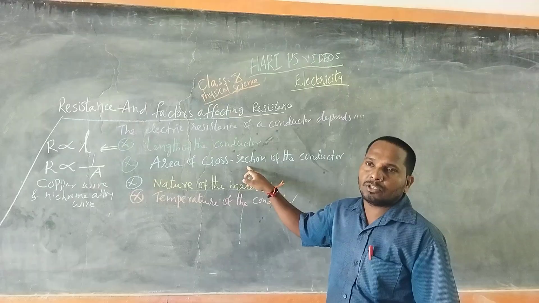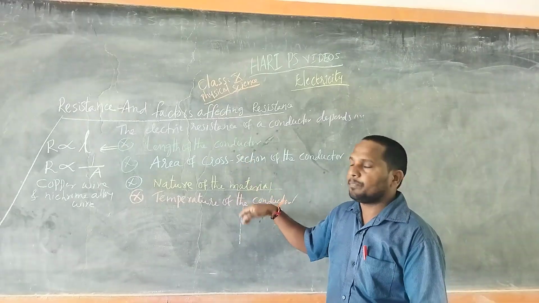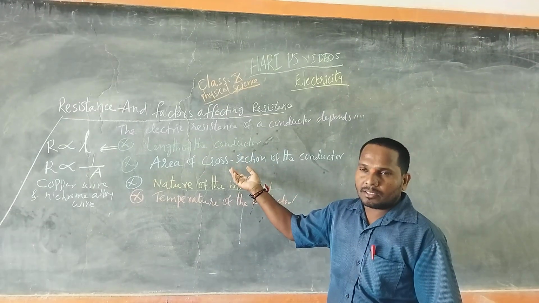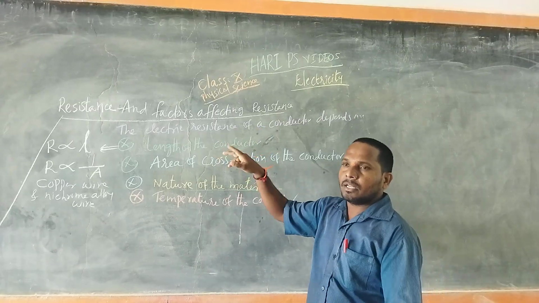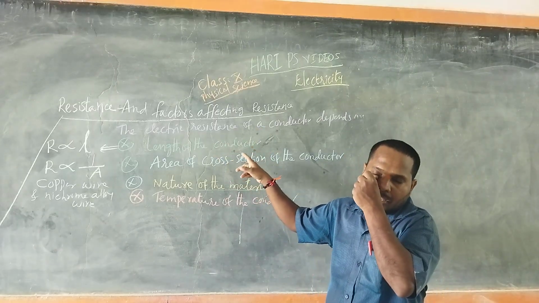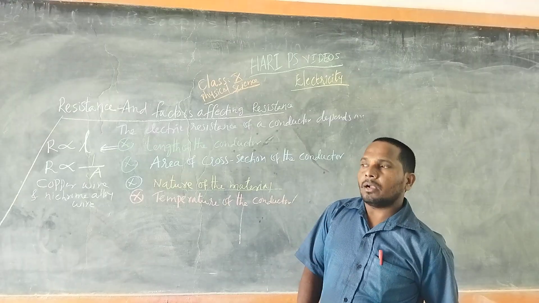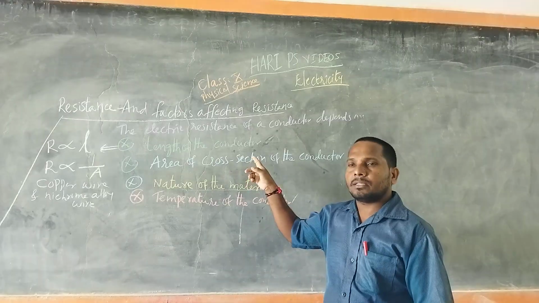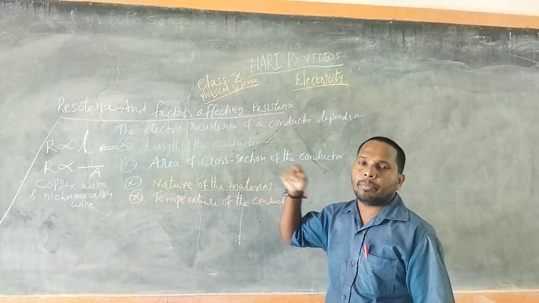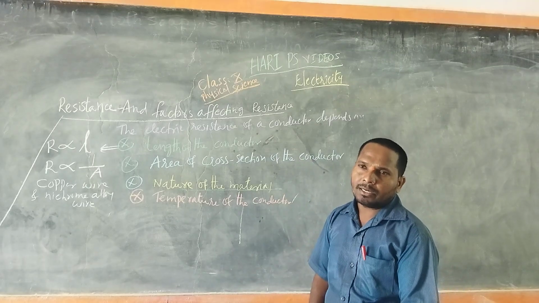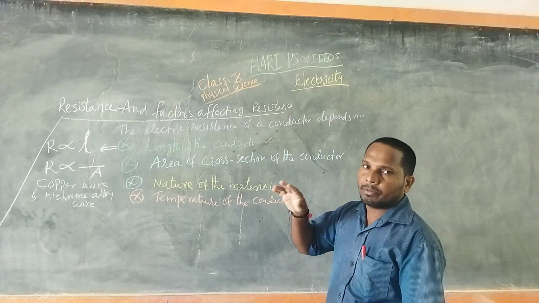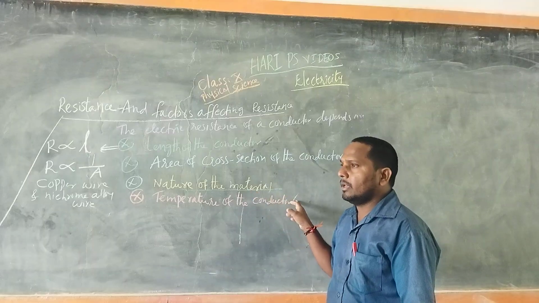If the area of cross section is more, resistance is less. If the area of cross section is less, then resistance is more. And the resistance of the conductor also depends inversely on the square of the diameter.